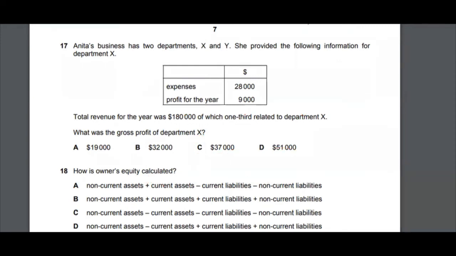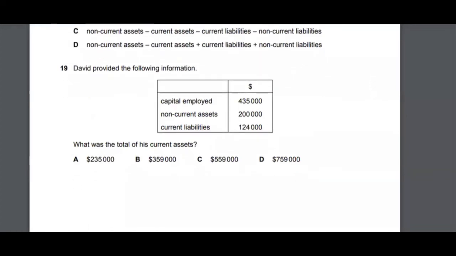Right, let's look at multiple choice 19. It is asking how you would calculate the total current assets. Again, you will have to use the accounting equation, that is assets equal liabilities plus equity, right? Capital employed you are given, non-current assets you are given, and current liabilities you are given, right? So it's 200,000 equals 124,000 plus 435,000, right?